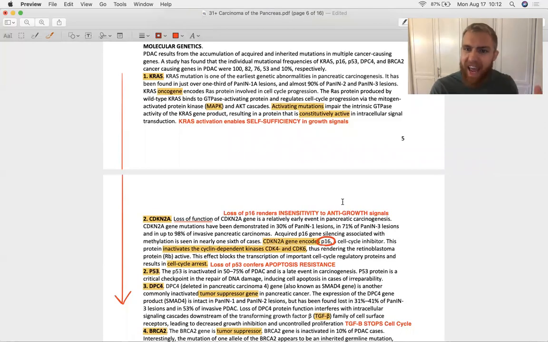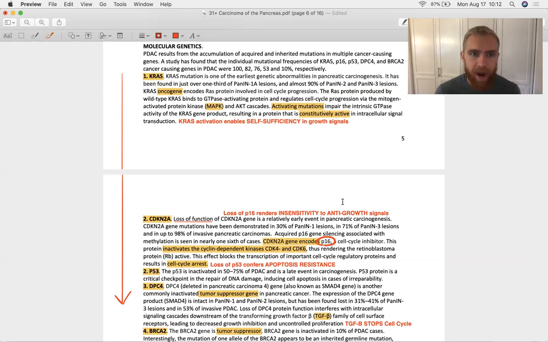A slang term for mitogen is growth factor. So an activating mutation in your KRAS receptor means that it's stuck on. It can't turn off. It can't turn down. It's going to turn down for absolutely nothing. So this KRAS gene is just constantly sending mitogenic signals down to the DNA, which is going to say, oh man, I need to hurry up and get into S phase.